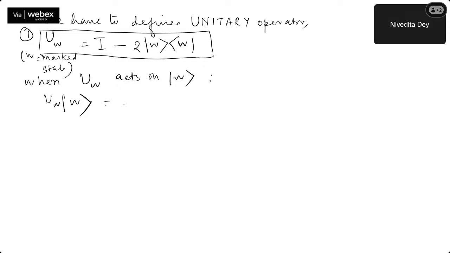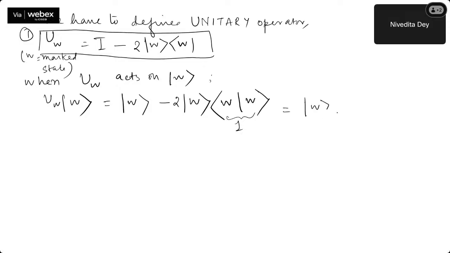UW on ket W will be I into ket W, which is nothing but ket W minus 2 ket W times the inner product of W with W. We all know the inner product of this thing, no matter whatever be the value of W, is always 1, because they are the same. Otherwise, it would be 0. Since they are the same, it will be 1. So it's ket W minus 2 ket W, which is nothing but minus ket W.